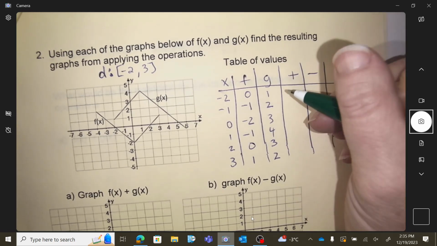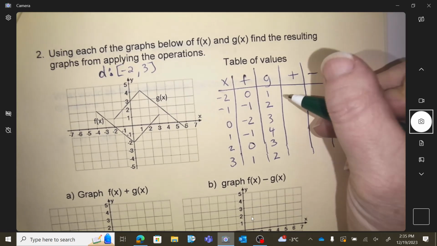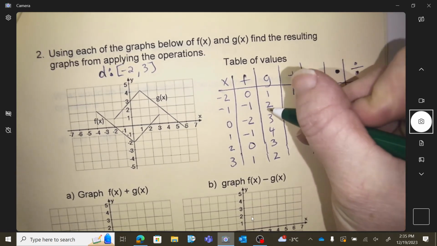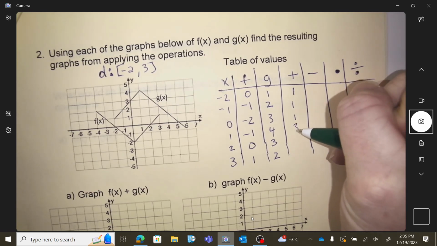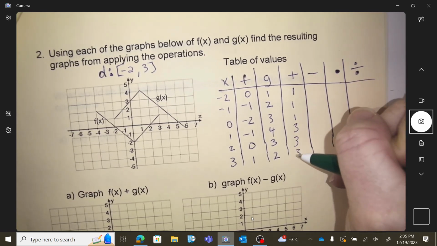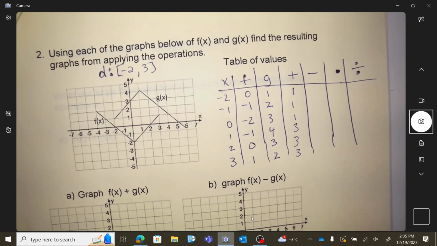Okay, adding, I don't even need to look at the order. I just make sure I add the numbers together. Let's see what you can do here. That's a weird pattern. Did you get a 1, 1, 1, 3, 3, 3?